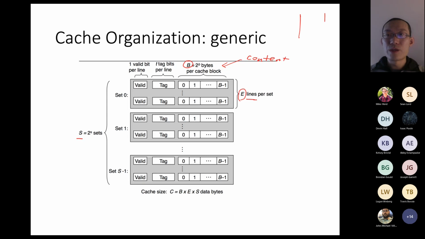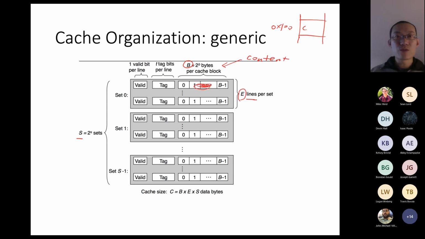So cache is something to contain the content of an address. Let's say this is the content, and this is address 100. The content would go into this block. The size of this block is capital B. So here is where our data is.